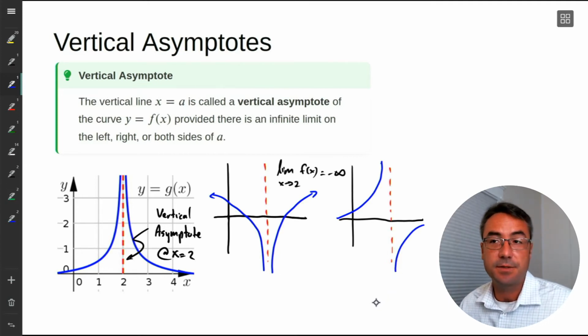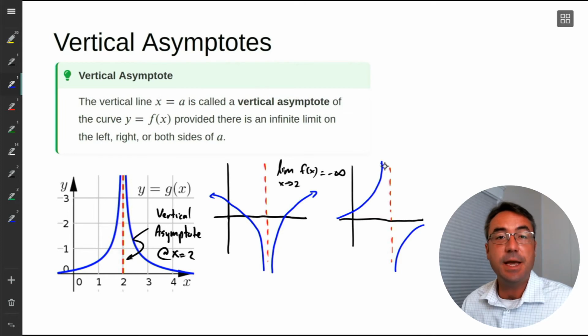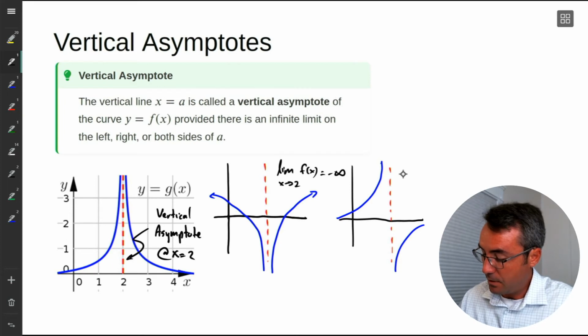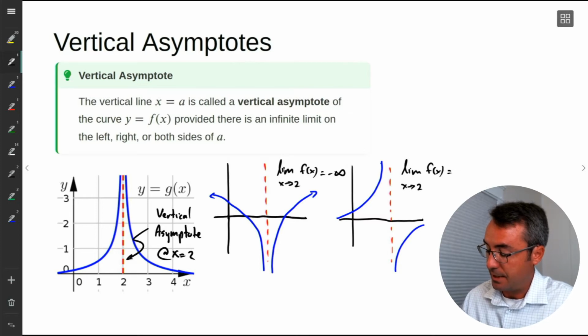Maybe it's something like this. And in this case, because this behavior is different on either side, on the left side it's getting large positive, on the right side it's getting large negative, what we would say then is the overall limit as x approaches 2 does not exist.